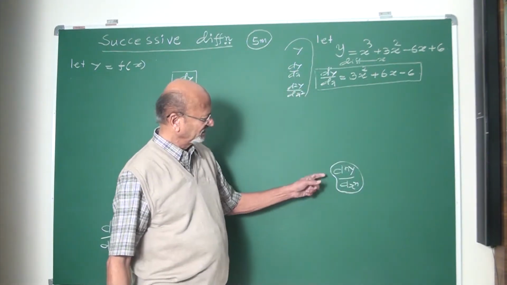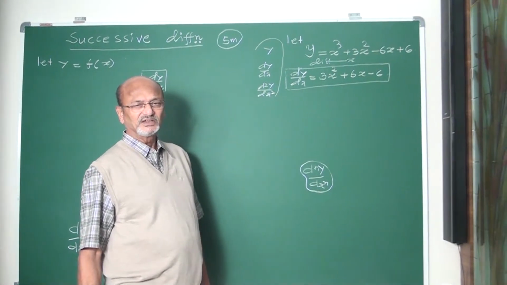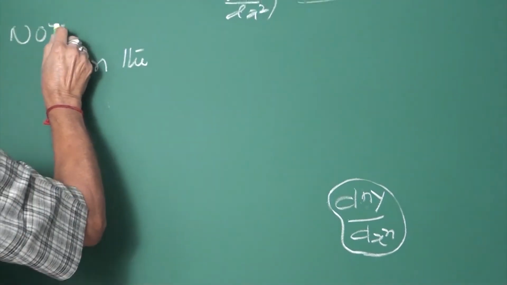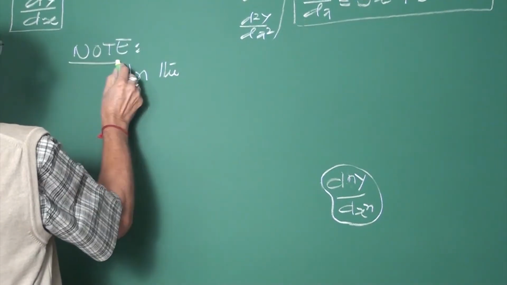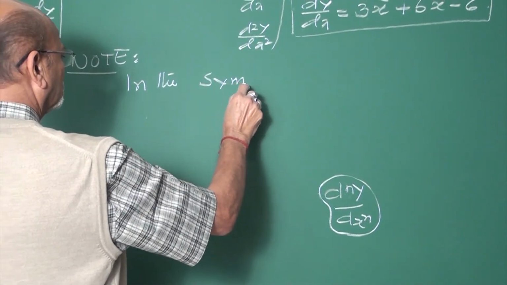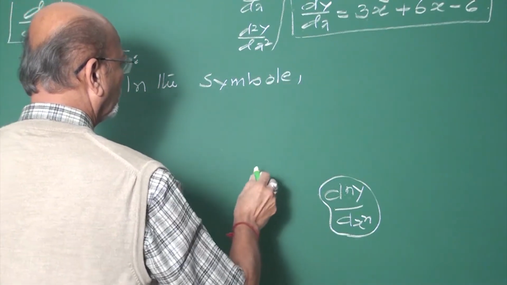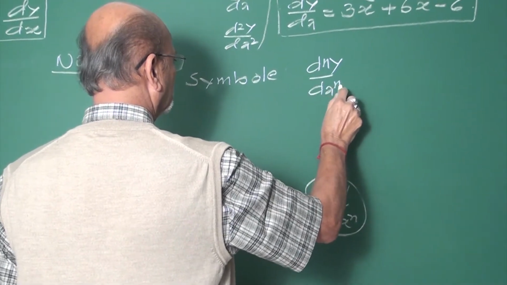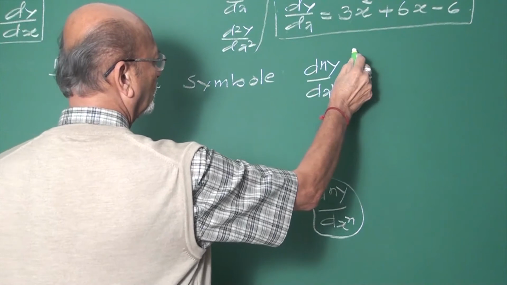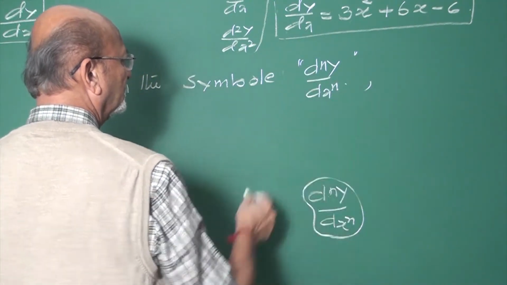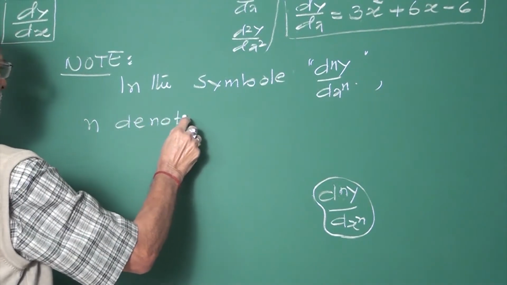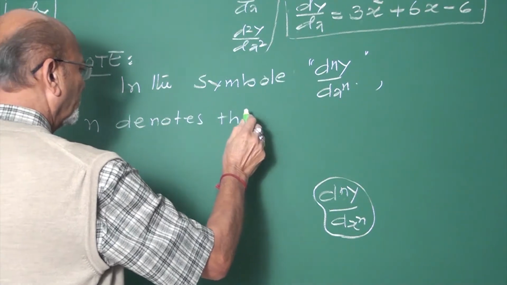In the symbol dny by dxn, n denotes the order of the derivative.